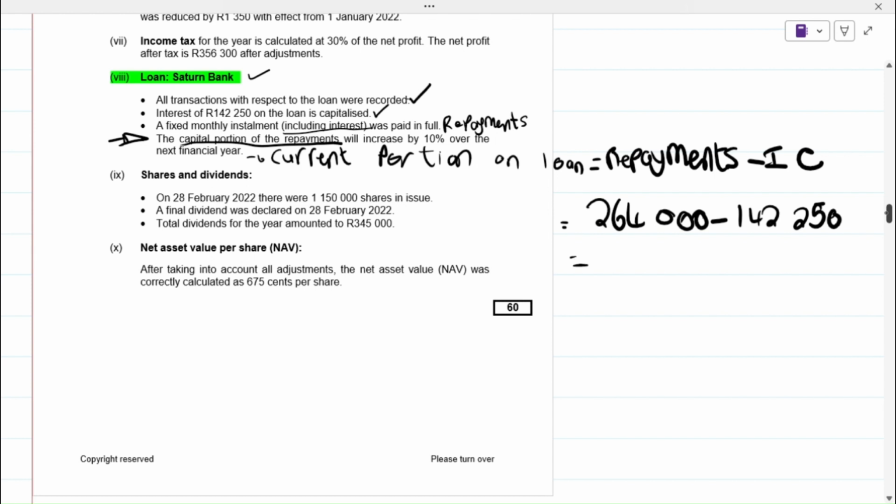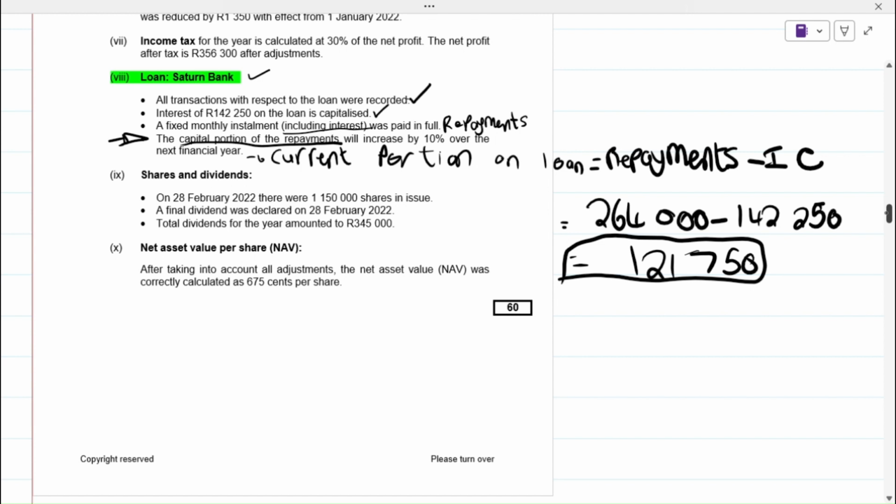So let's see how much it gives us. 264,000, guys, I don't have a calculator on my screen, so I'm just punching it into the calculator I have with me here, minus 142,250. That's an amount of 121,750. So basically, this is my current portion on my loan, because it's the capital amount.